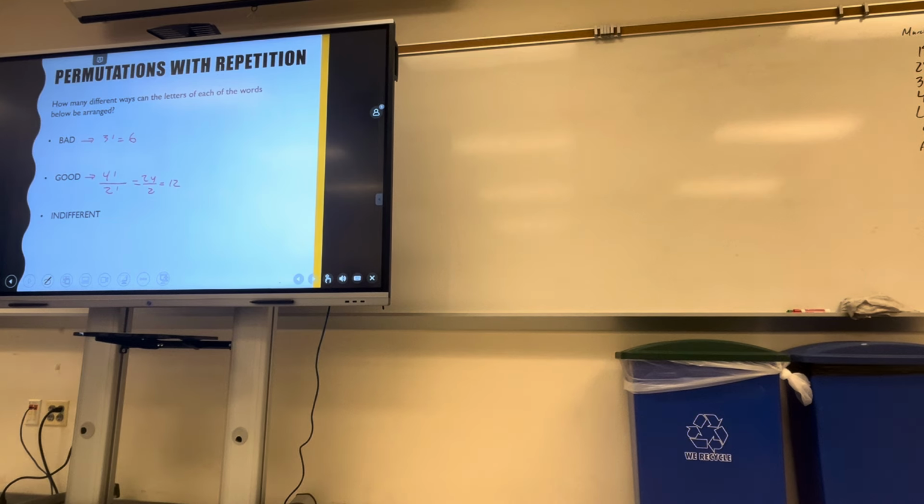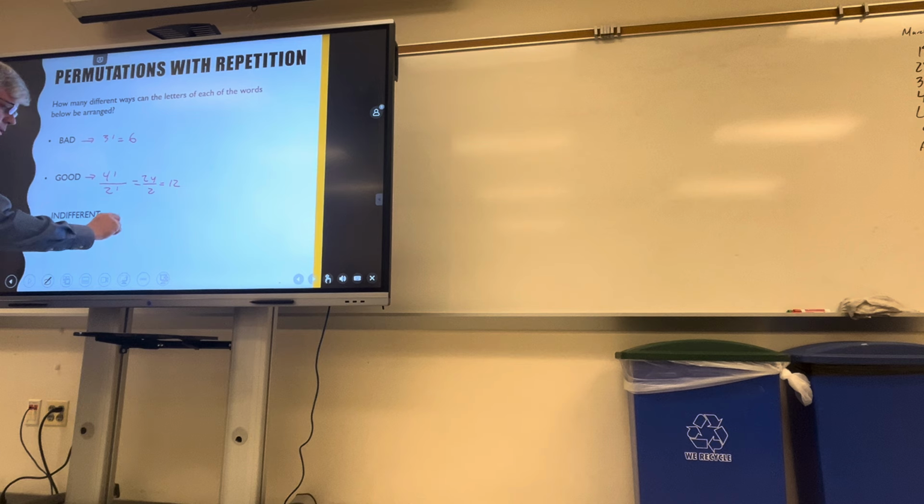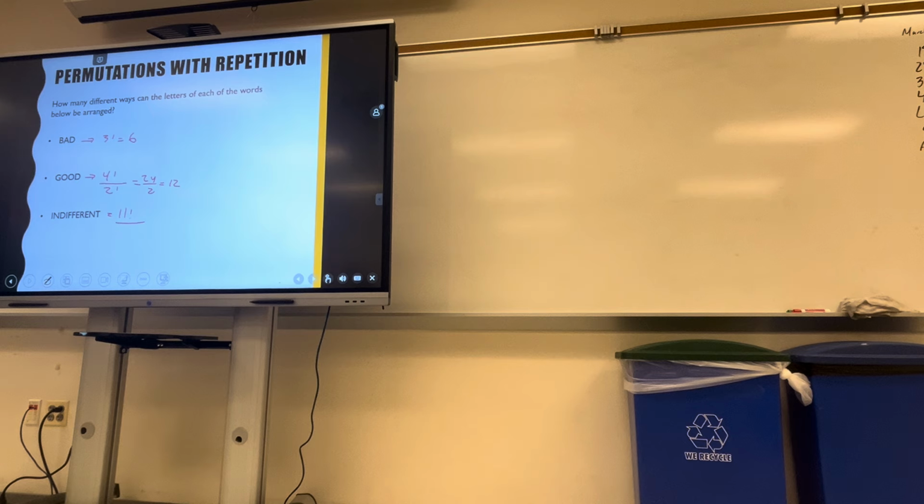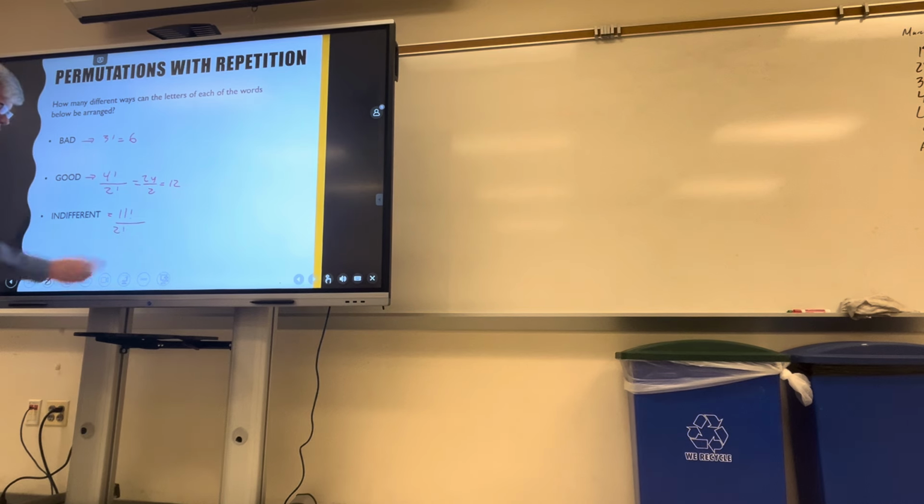Okay? And then if you take the last word, indifferent, which has a lot of letters, 2, 4, 6, 8, 10, 11 letters, right? So if they were all different, this would be 11 factorial, which is huge. But it's not actually that many because there's a lot of repeats there, right? So anything that repeats, you want a factorial expression that represents how many ways you can rearrange just the stuff that repeats. So here I have 2 i's, which can be arranged in 2 factorial ways. But I've got some more repetition, right?